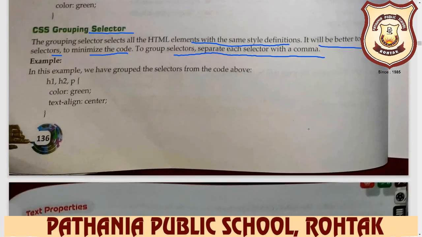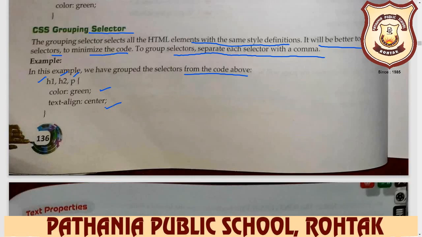So let us see here. In this example, we have grouped the selectors from the code above. H1, H2, and P elements are there, and we want all these three elements to have green color and center alignment. This is your grouping selector.